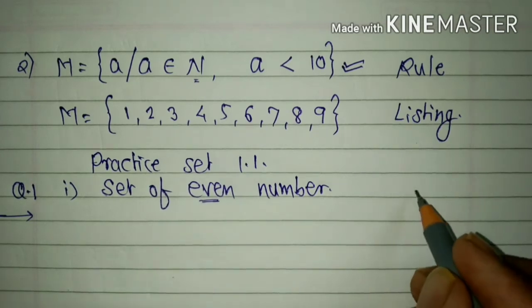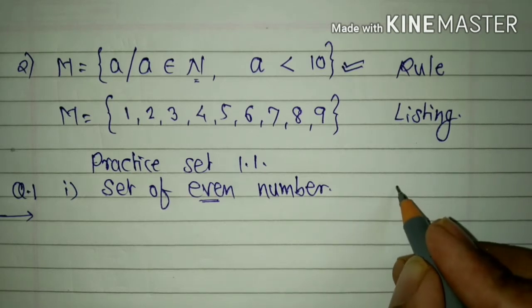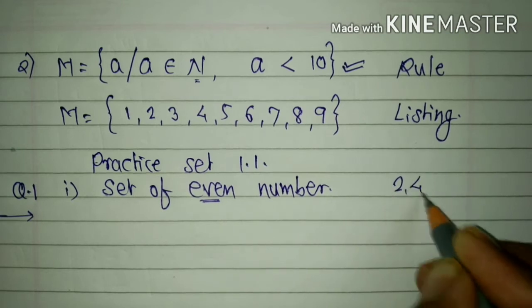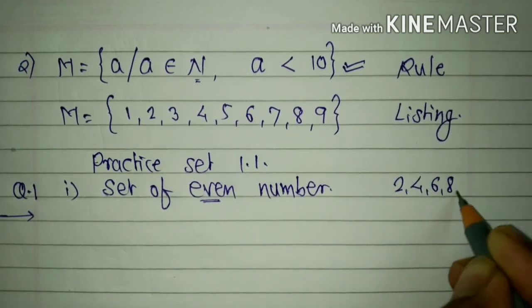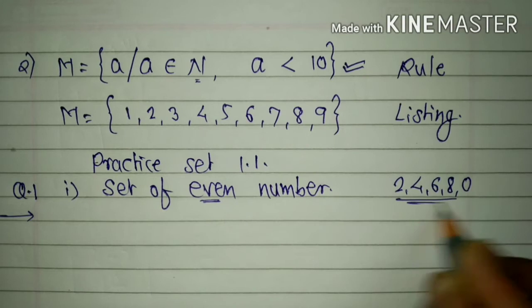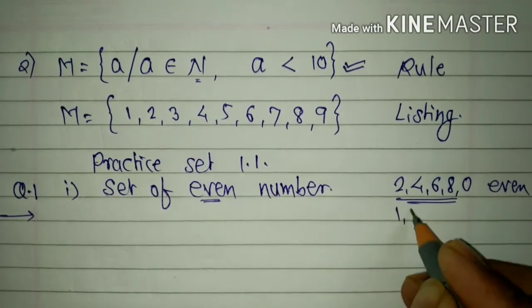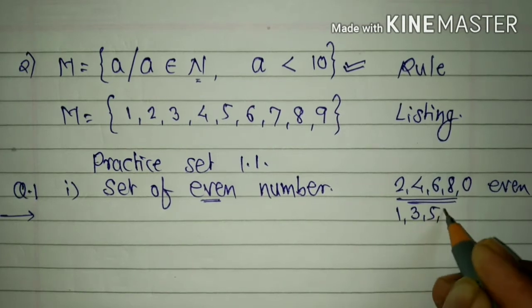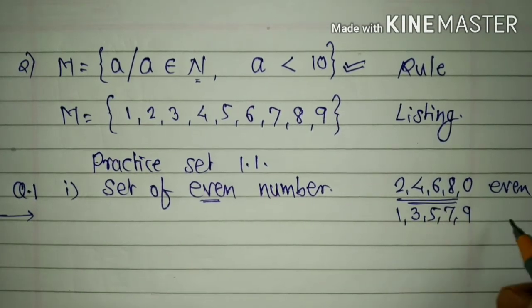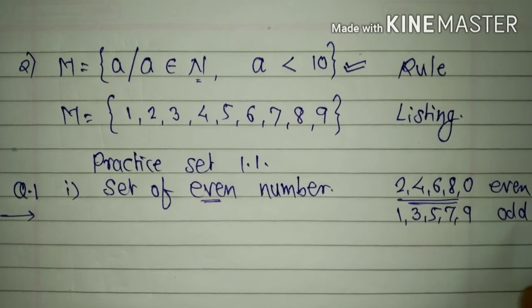The numbers which are divisible by 2 are even numbers, or the numbers having 2, 4, 6, 8, 0 at the unit place are even, and those having 1, 3, 5, 7, 9 at the unit place are odd.